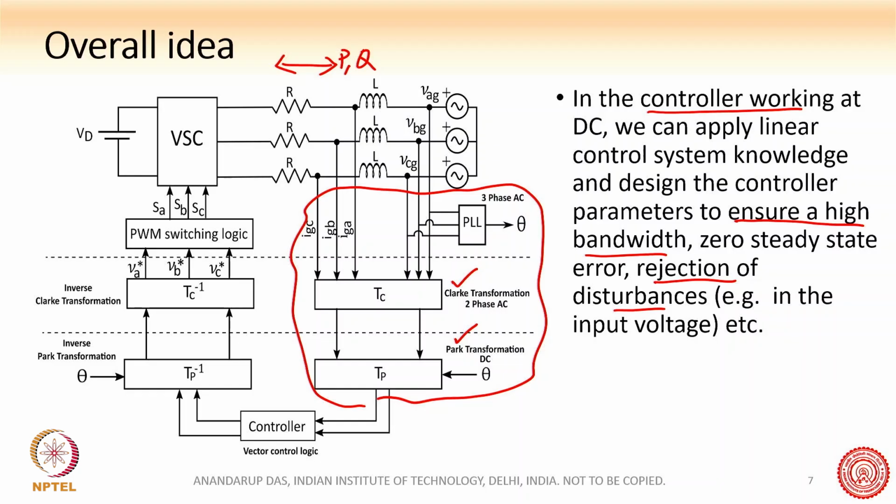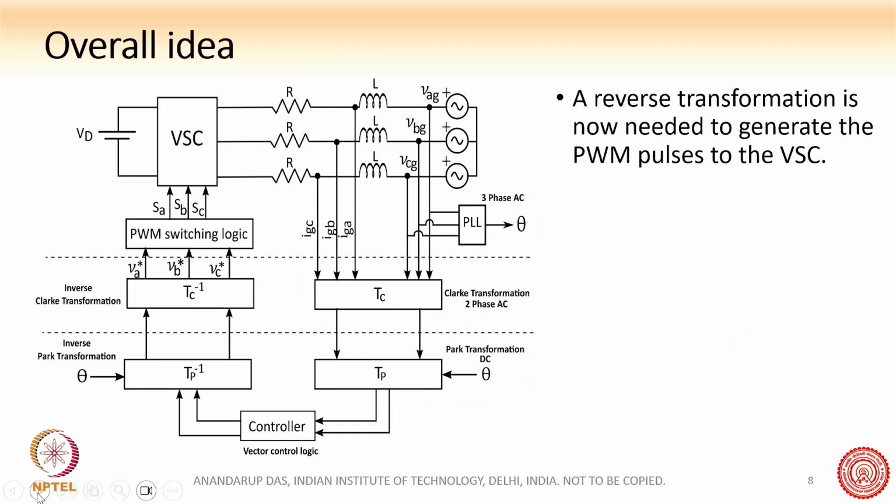So this operation, which we are doing in order to convert the AC quantities into DC, is not a very time consuming effort. Okay, it can be done very quickly by the microcontroller. But once we have designed our controllers based on the DC quantities, the controller gives some outputs which are again DC.